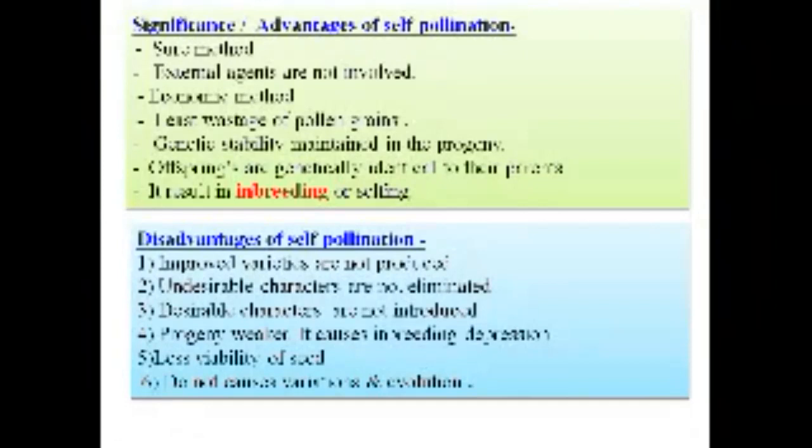Self-pollination is a sure method of pollination because pollen grains are transported from the anther to the stigma of the same plant. There is no need for external agents. The external agents are not involved in this method.